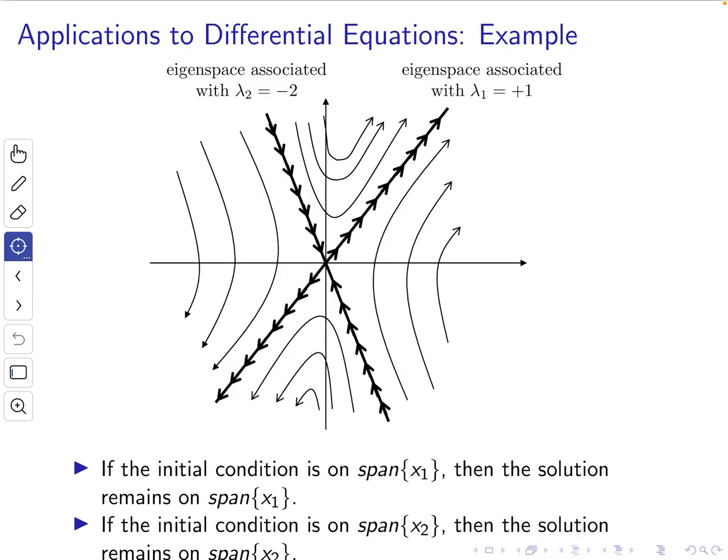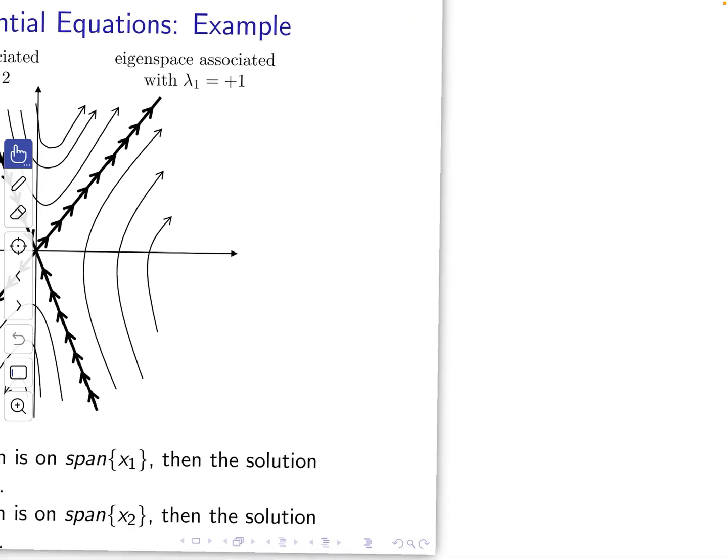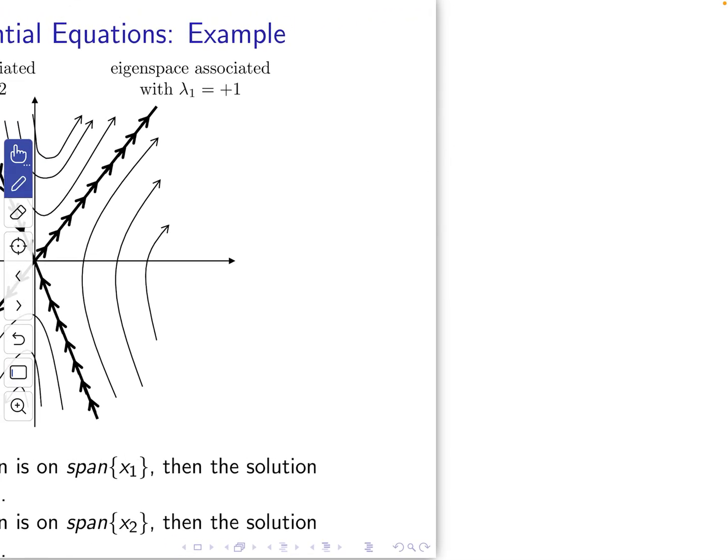Here are the two eigenvectors. Here's the eigenvector associated with the eigenvalue of plus 1, and it's an invariant subspace. So if we start on that subspace, we stay on that subspace. And notice when we start here, that subspace is actually going to grow. So let me try to explain things a little bit here too that might give some insight.